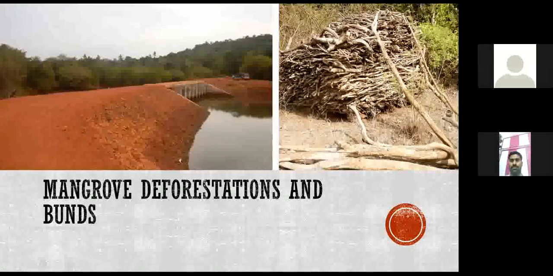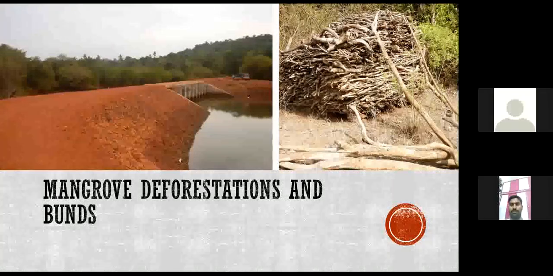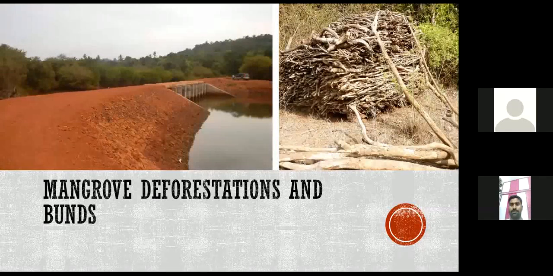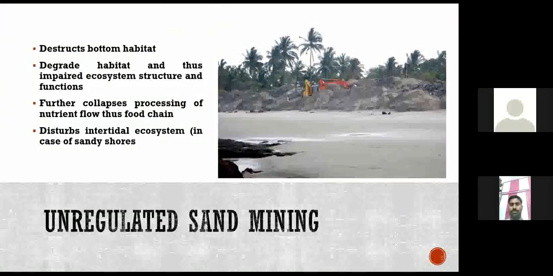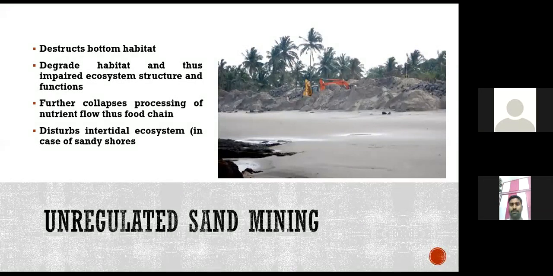In the case of sandy habitats, if you can see there is a huge amount of sand mining, or there are constructions lying within the sand dunes or within the sandy shore or high tide regions, which obviously completely damage or fragment the habitat, which will ultimately affect the fauna or flora lying within, or preferring, these particular habitats.